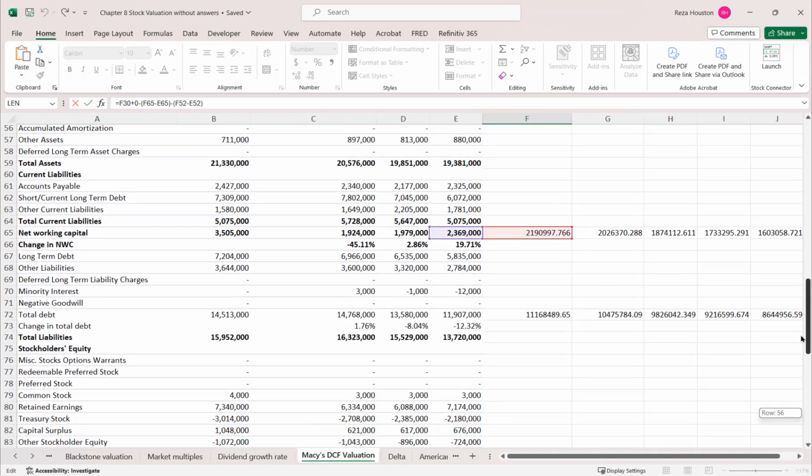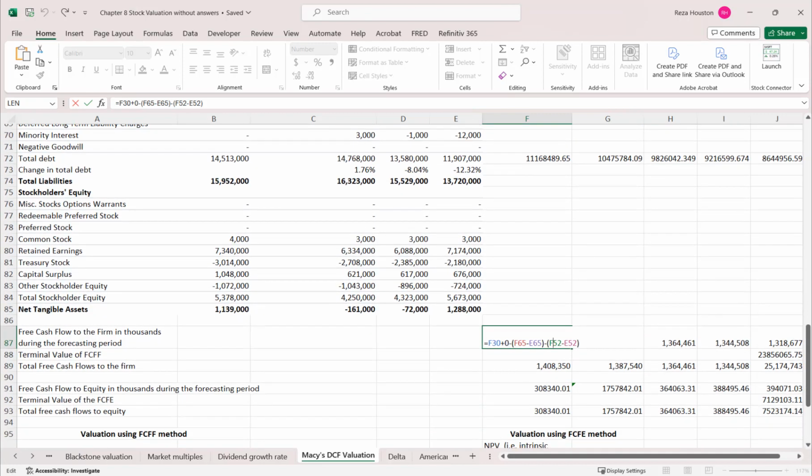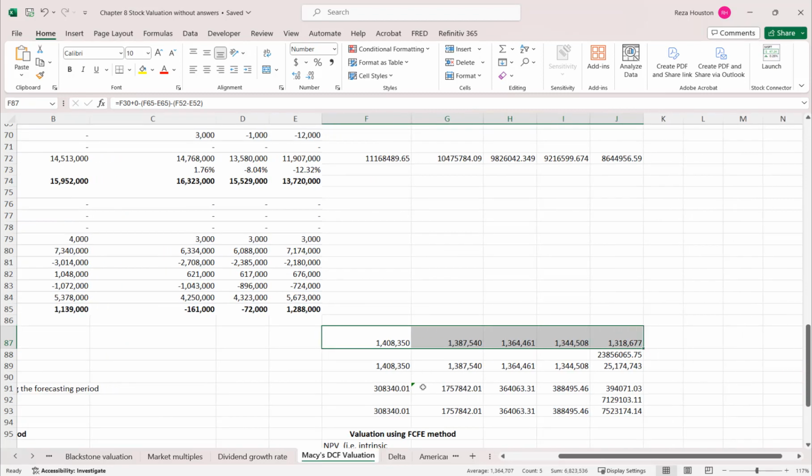Macy's did something where they combined the PPE here, so it's net PPE instead of gross PPE. So this is basically just our FCFF formula here, and then we just have the change in PPE and the change in net working capital. And so ultimately, here's my stream of free cash flows.